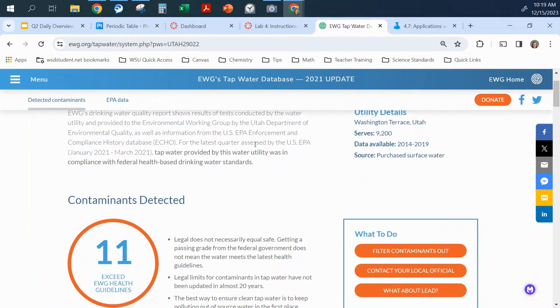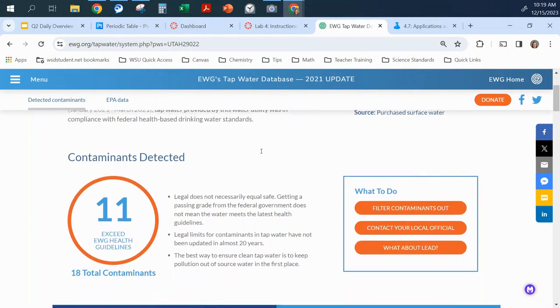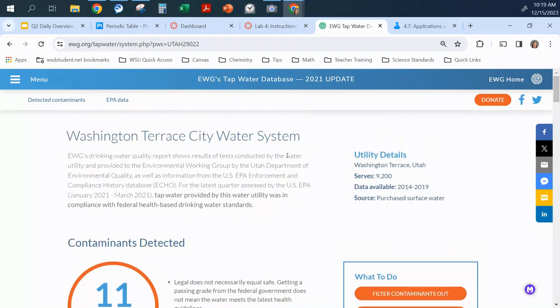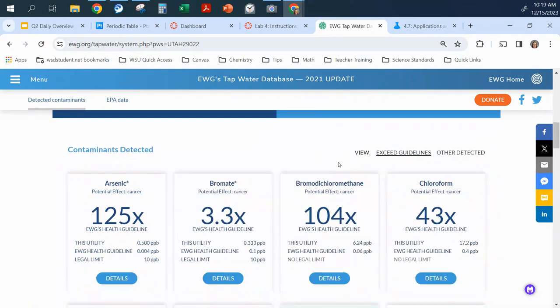You can look at a different one if you want, that's fine. And then it says 11 exceed EWG health guidelines. It says legal does not necessarily equal safe. So we have some different definitions of what is acceptable in our water. Then if we scroll down, it says contaminants detected.